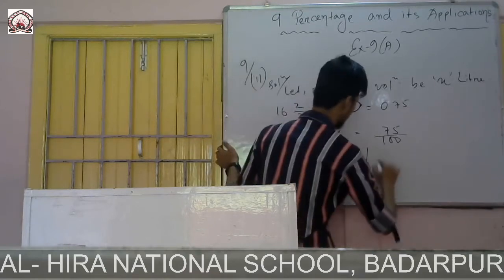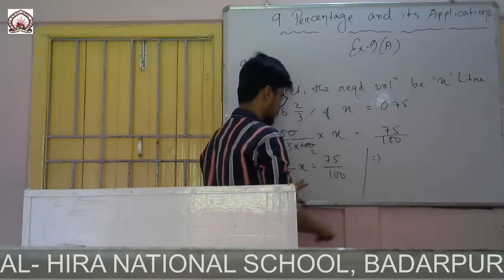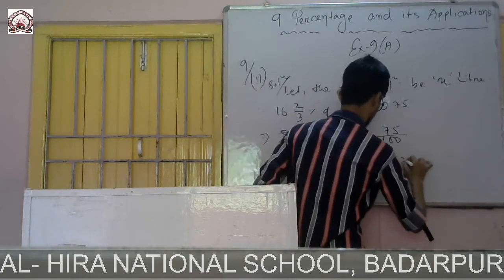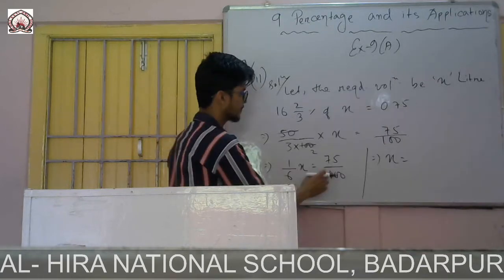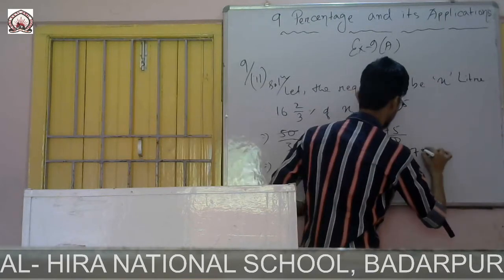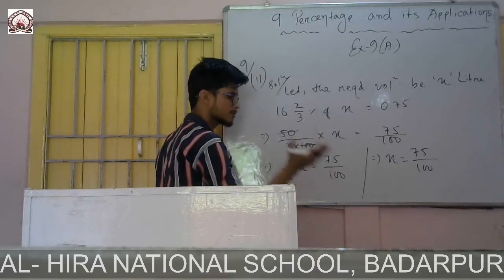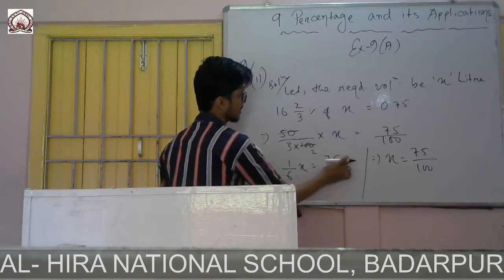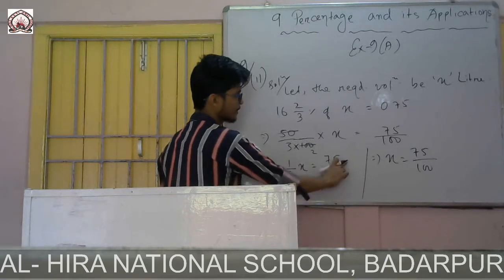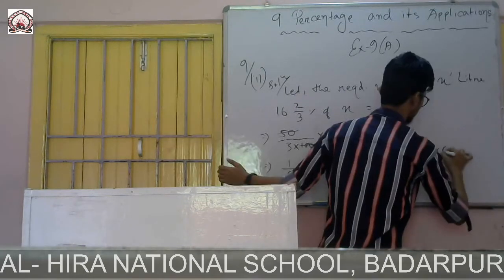So if I simply write, x will be equal to, this is 1 by 6, if I change the side it will be 6 by 1, so 75 by 100, and it is in the denominator. By cross multiplication also you can write it is in the denominator. So if I change the side, it will be multiplied with this one, it will be in the numerator, so I will simply give 6 here.